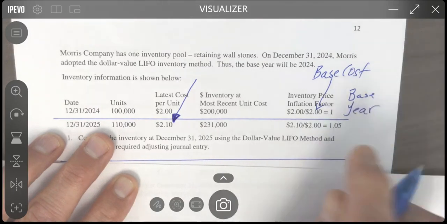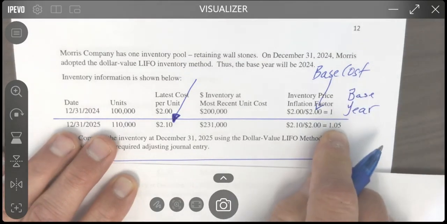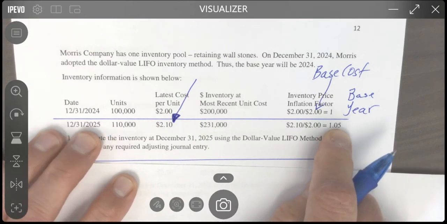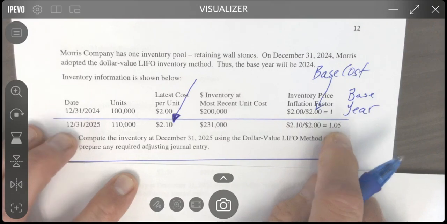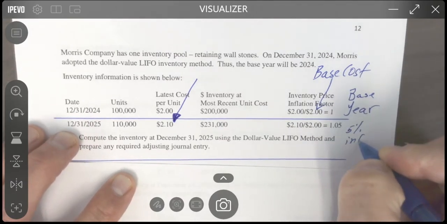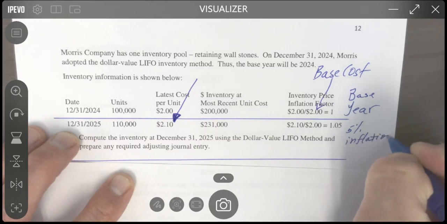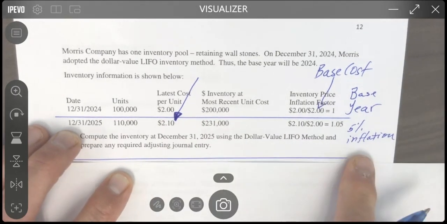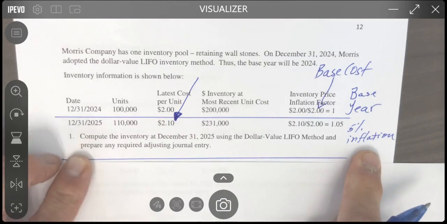So what that means is the 2025 year cost level is 105% of the base year 2024. Thus, there's been 5% inflation in the inventory prices for retaining wall stones.